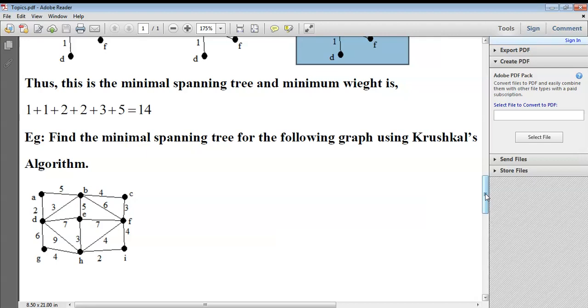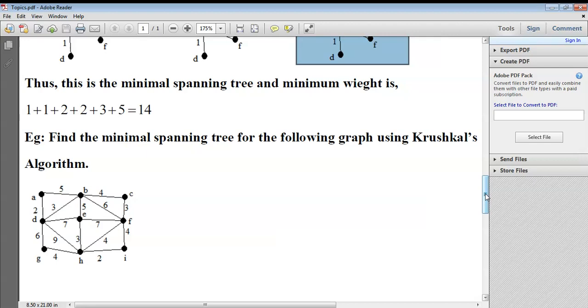Okay, so we have seen what is a weighted graph, then what is a minimal spanning tree, then how to find a minimal spanning tree with the help of Kruskal algorithm. The steps of Kruskal algorithm are: first you need to denote all the vertices, then you need to join the vertices with the minimum weights to maximum weights.